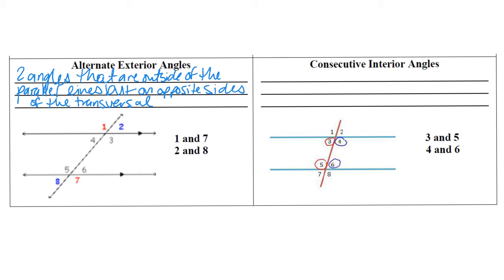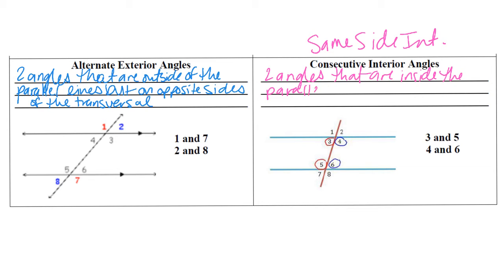Consecutive interior, or the other thing that you'll hear me call this is same side interior, is two angles that are inside the parallels and on the same side of the transversal.